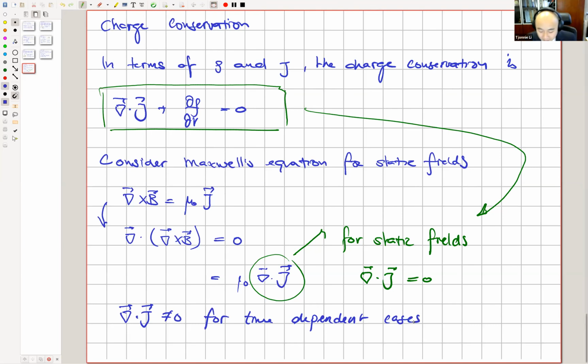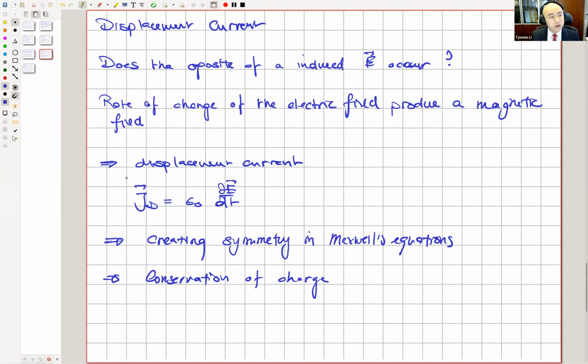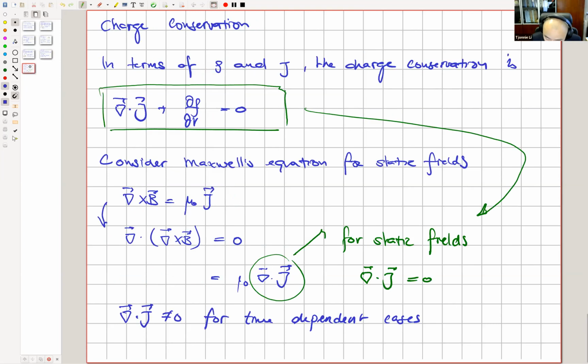And so we must have something that is consistent with charge conservation. So we go back to Maxwell's proposal, which is this so-called displacement current. Now instead of just having J, we also have JD, the displacement current, that we add to get the total J.